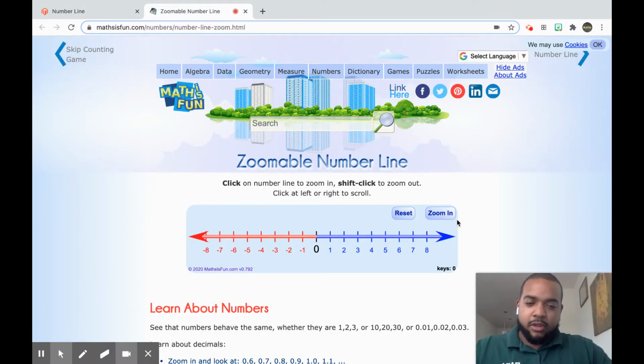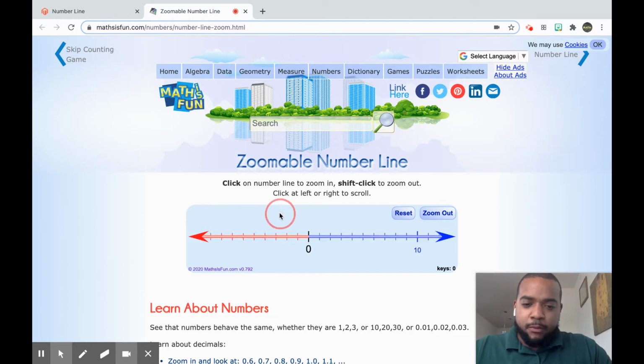Here we have this number line. Now, currently it's only set up by ones, but if I continue to scale back, you'll be able to see that now this small number line is able to show more numbers. Now I have 10s, 20s, and 30s. I can continue to zoom out.